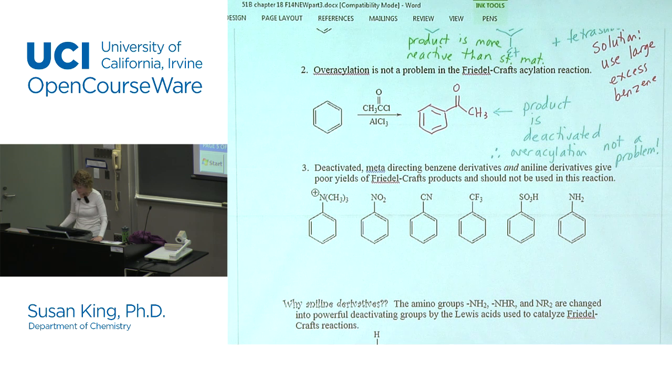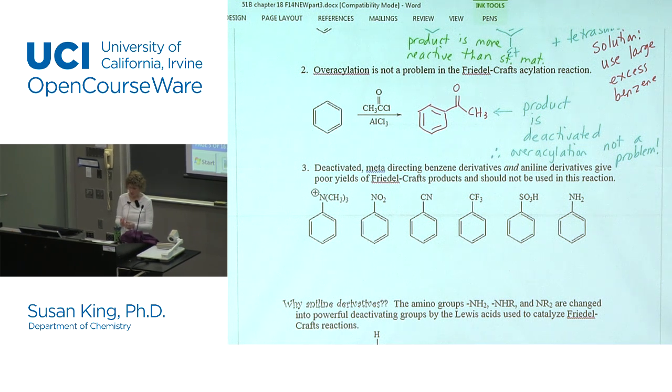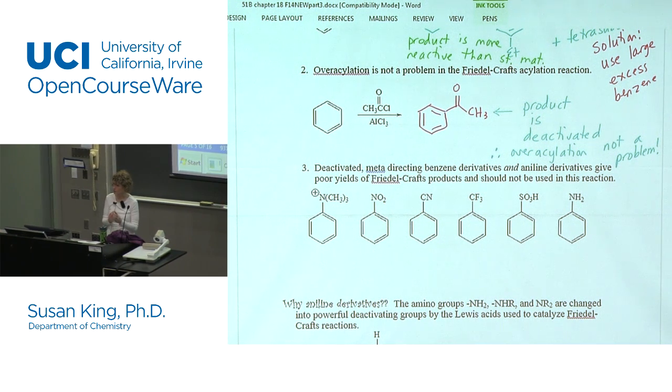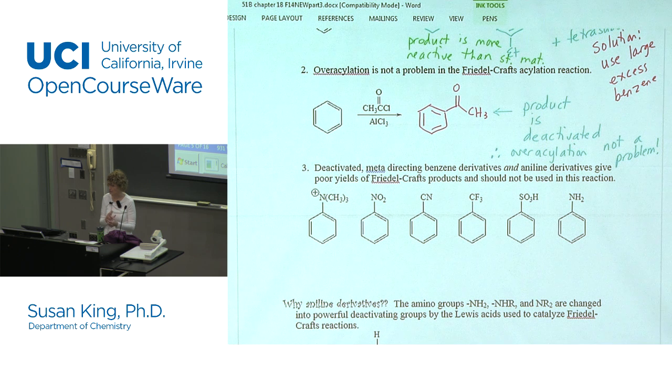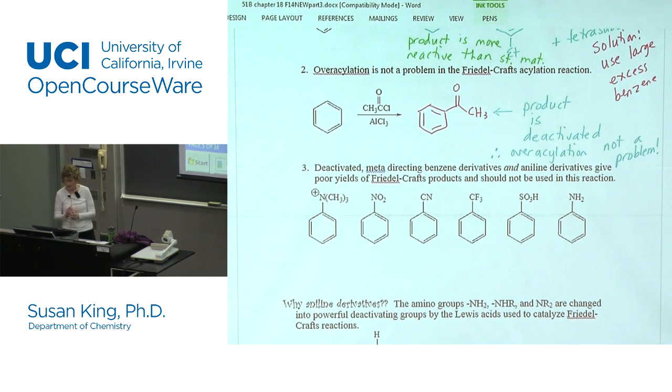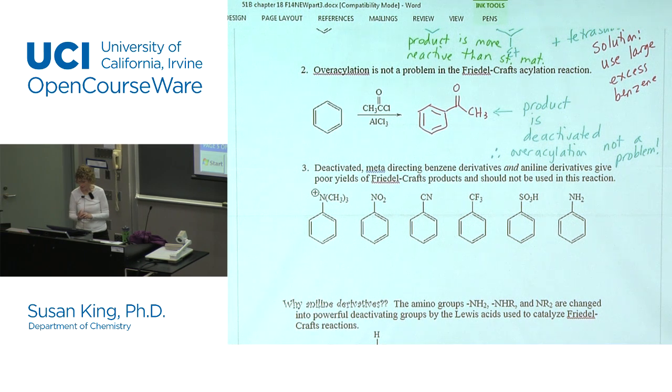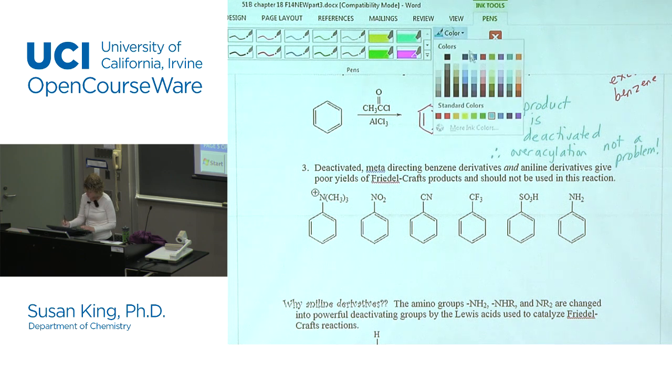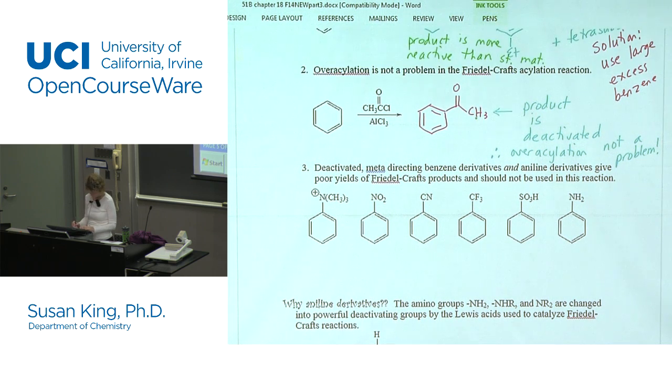All right. Problem with both Friedel-Crafts acylation and alkylation. We've already encountered one problem: alkylation goes overboard, we get over-alkylation. Problem number 2: deactivated meta-directing benzene derivatives and aniline derivatives give poor yields of Friedel-Crafts products and should not be used in this reaction. That's a big problem. That really limits us.